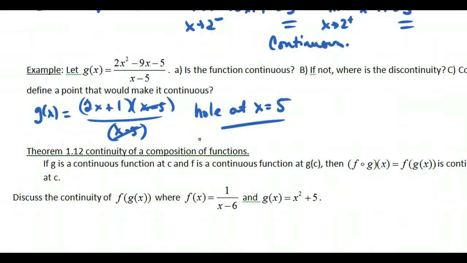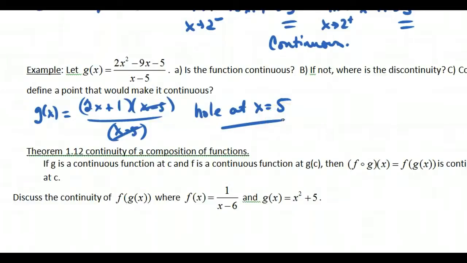Now what they might ask is, could you define a point that makes it continuous? Well, sure we could. If I know the x value, then I can find the y value. If I plug it into my original, I'm going to get 0 over 0. But since I factored and canceled, I kind of resolved some of this, so I can take the 5 and plug it into this. Because this 2x plus 1 will behave exactly like this original g function everywhere except at x equal to 5.